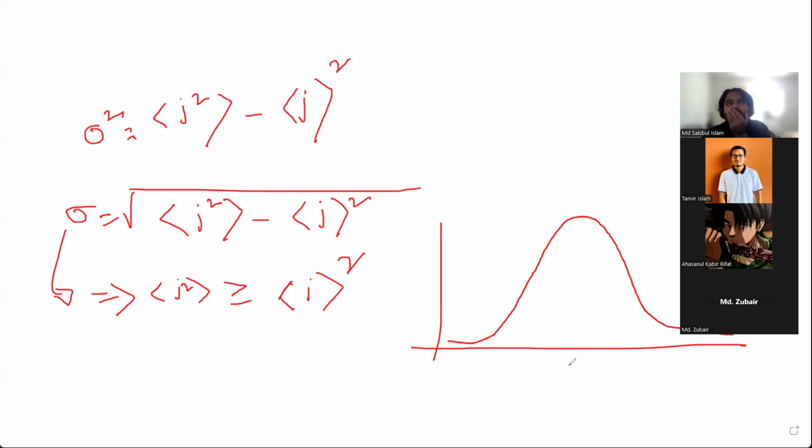One thing, this is my average. I said this is 1 sigma. On the right side and also on the left side, this is also 1 sigma. So that's the standard deviation.